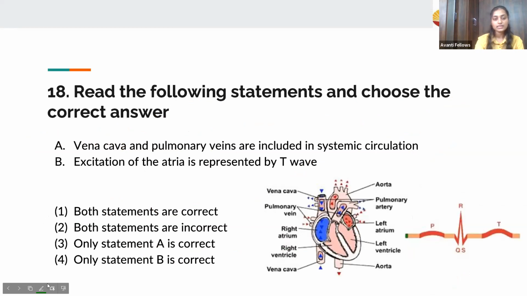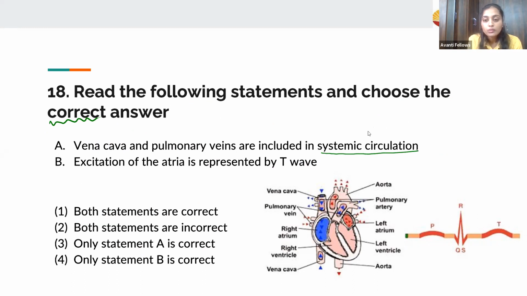The next question says read the following statements and choose the correct answer. That means they are asking us to check whether each statement is correct or wrong. The first statement says that vena cava and pulmonary veins are included in the systemic circulation.